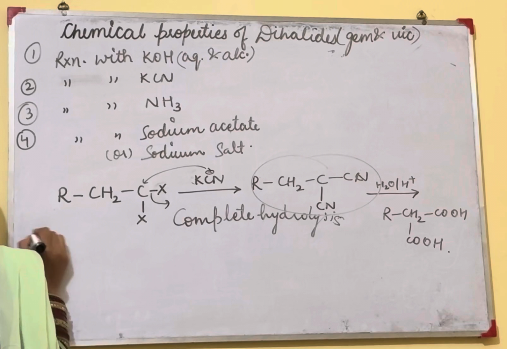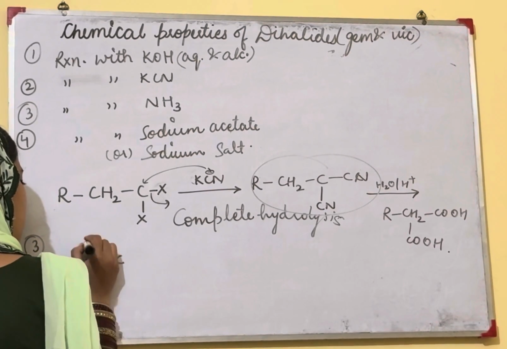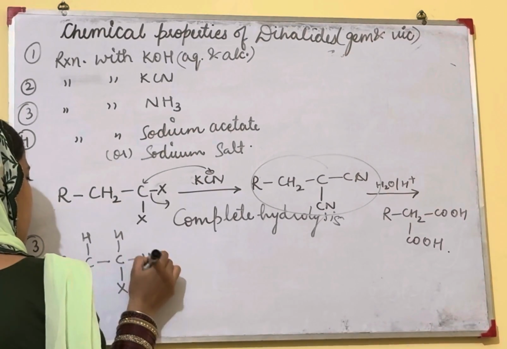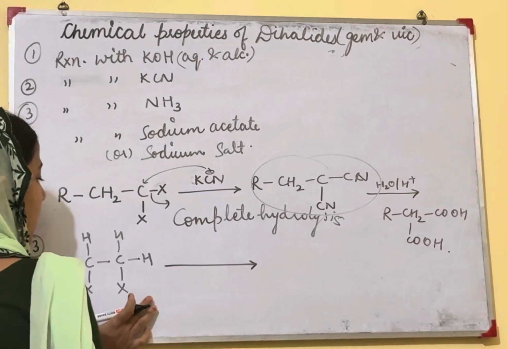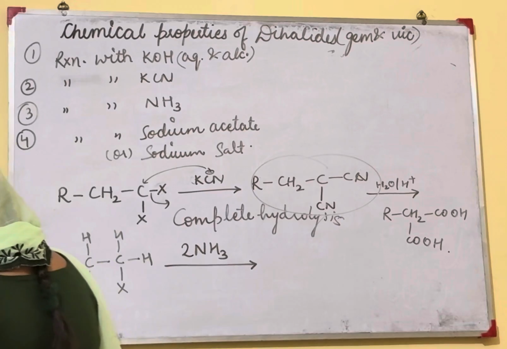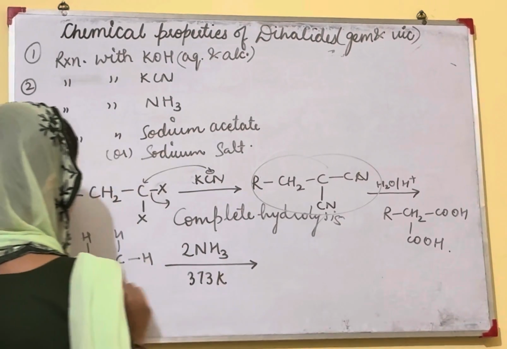Now third is when this vicinal dihalide reacts with 2 ammonia molecules at 373 Kelvin temperature.